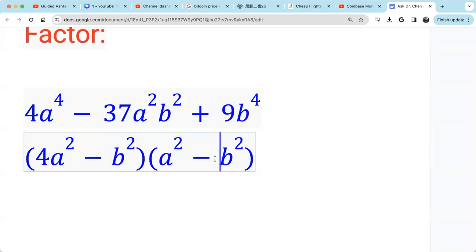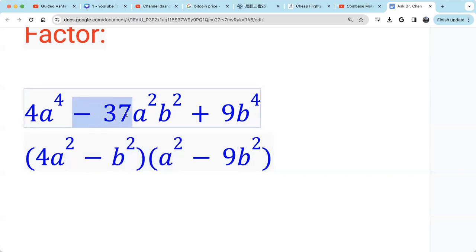This is negative b squared and this is 9, because I want 4 times 9 to get 36. Because 4a squared times negative 9b squared is negative 36a squared b squared. Then negative b squared times a squared gives negative a squared b squared. So negative 36a squared b squared minus a squared b squared is negative 37a squared b squared, right?